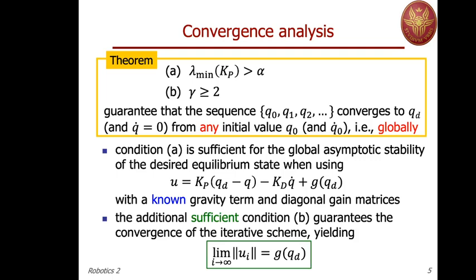The second additional condition, condition B, guarantees that the iterative scheme under the hypothesis of A will converge, and in fact we will have that the converging sequence for the feed-forward term will eventually be the a priori unknown gravity term in the desired configuration.